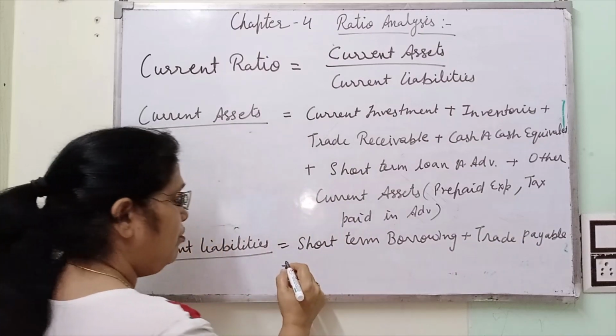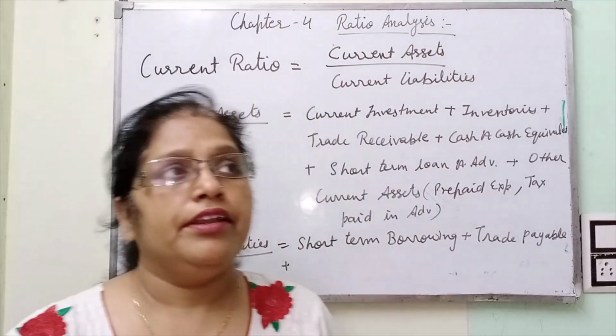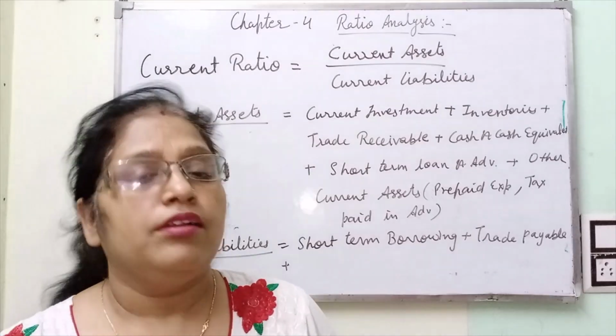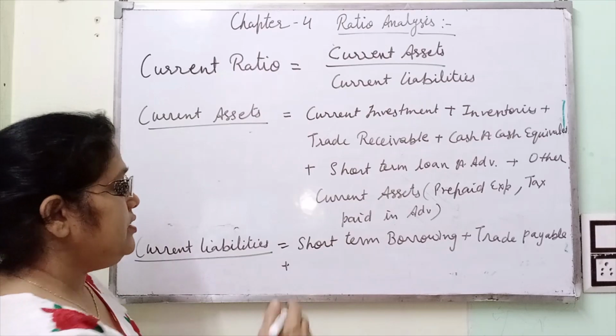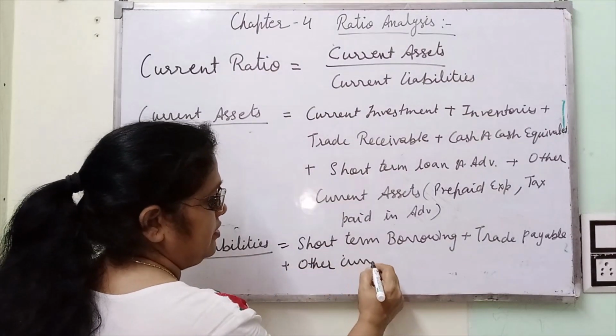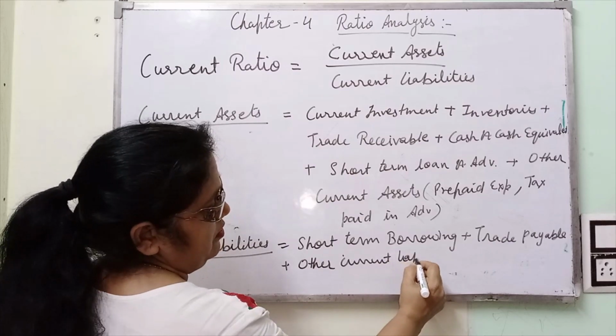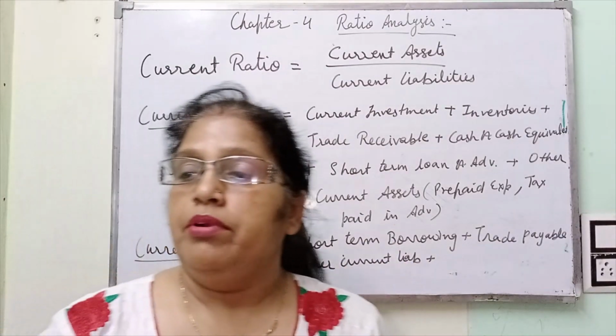Trade payables include creditors and bills payable. They are known as trade payables. Then other current liabilities.